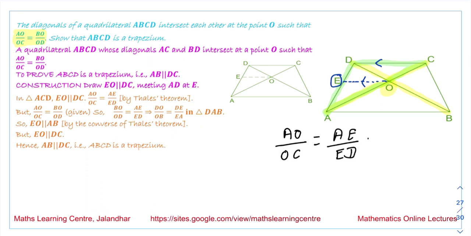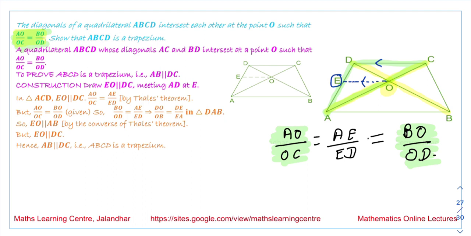This is by the basic proportionality theorem. But it is given to us that AO over OC is equal to BO over OD.